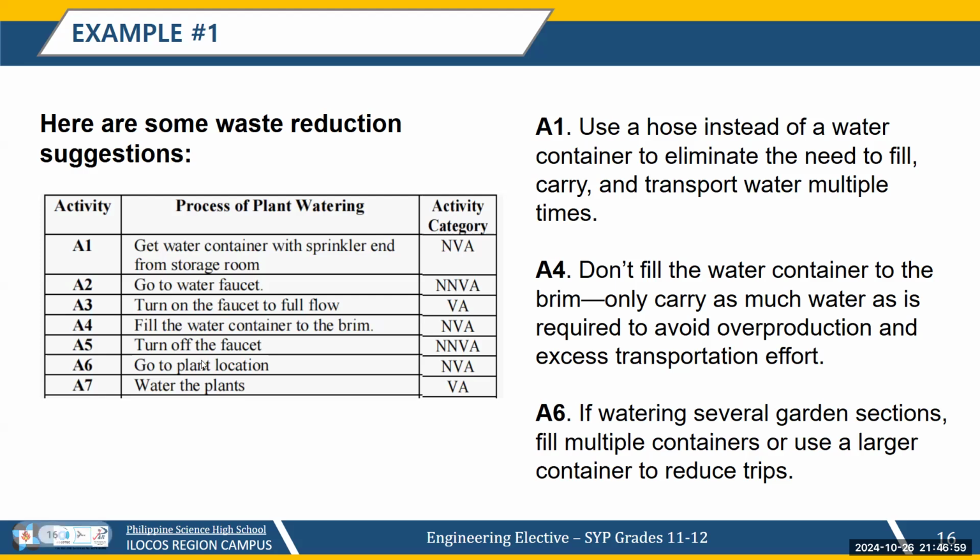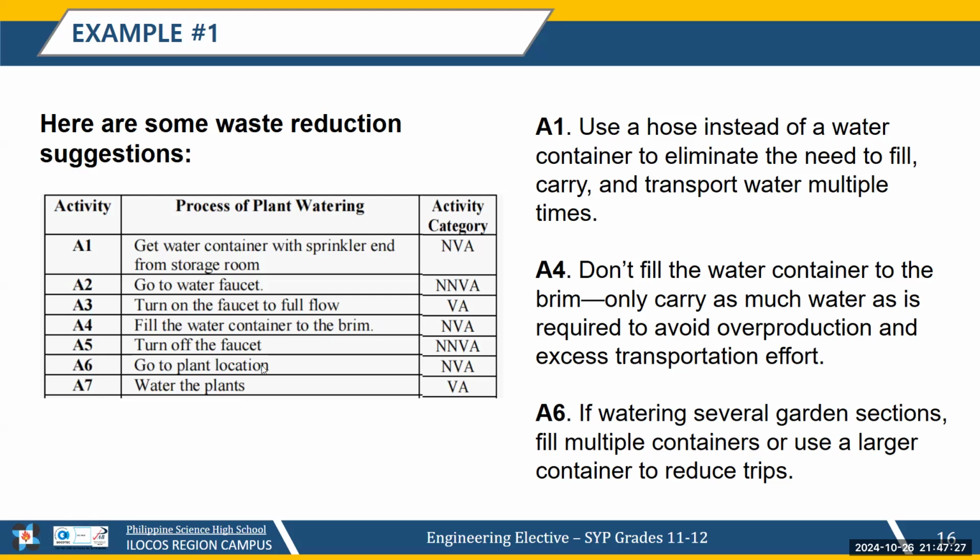And lastly, A6. So instead of going to the plant location, carrying the water container filled to the brim, kung medyo malawak yung garden na iwawater mo, then baka pabalik-balik ka niyan kung hindi sasapat yung water container mo, no?